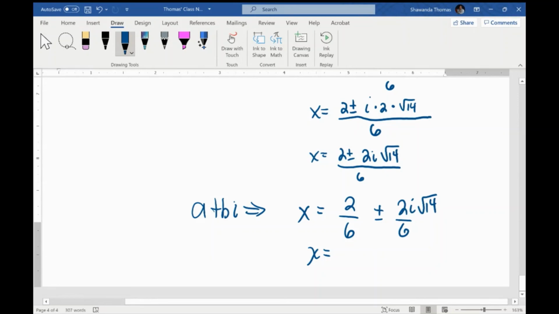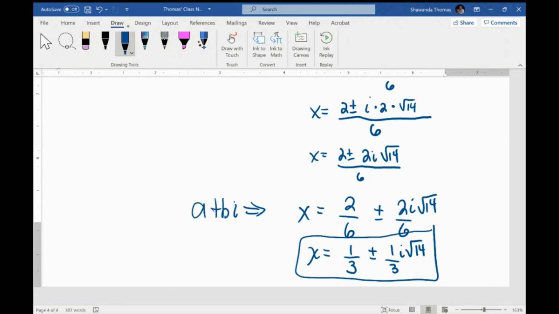What is 2 over 6? 1/3, since the lower number goes in the denominator. Plus or minus 1/3 times i times the square root of 14. There are a lot of different ways you could write that, but that's one of the ways you can write it. All right.